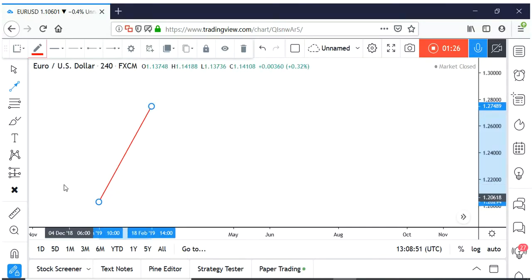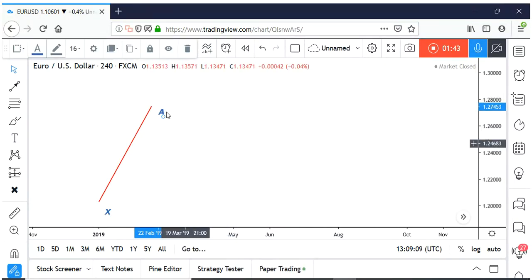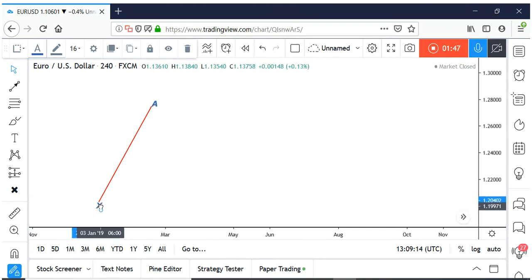This first move up is called your X to A leg. So your X and then your A leg. This is your anchor leg or your first leg.